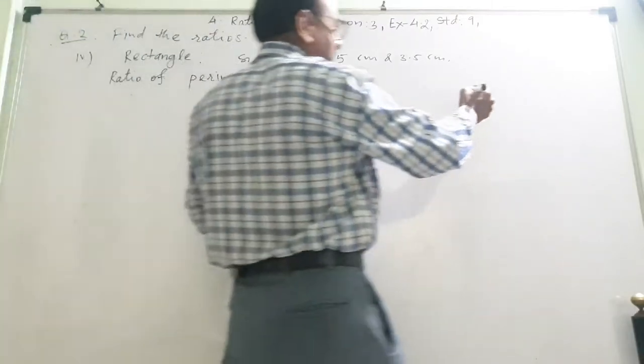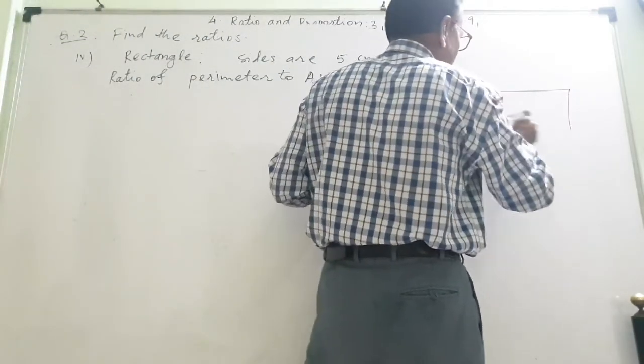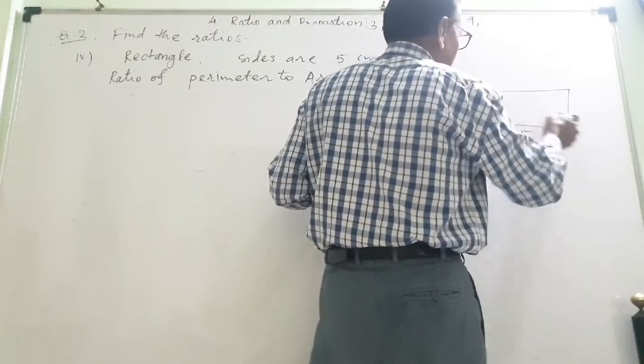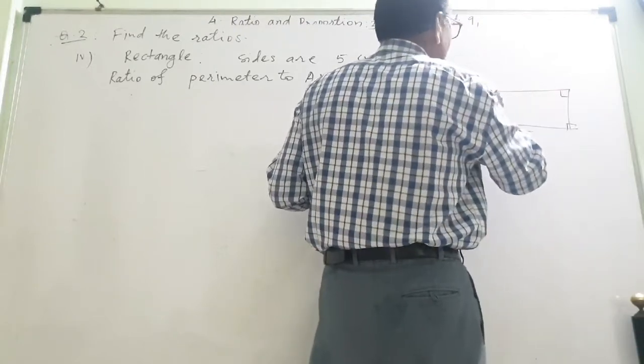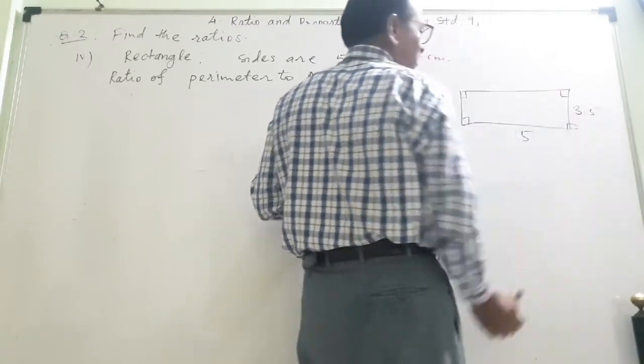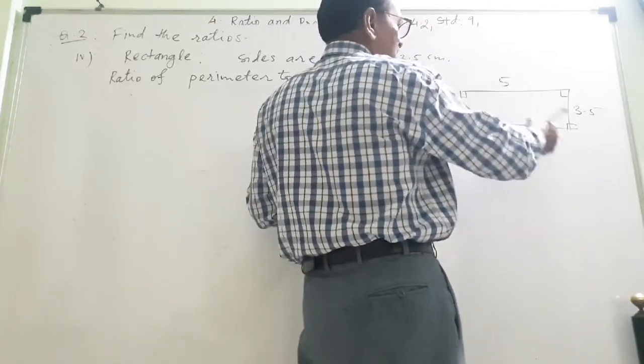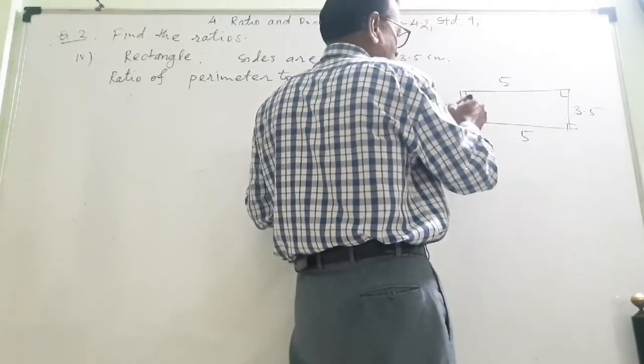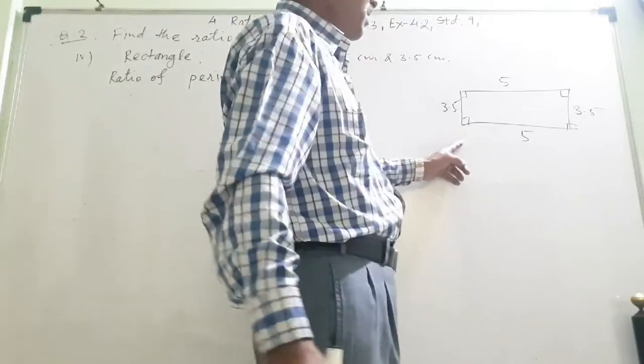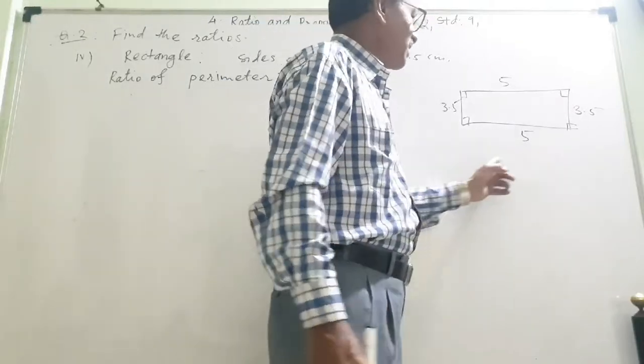See this is a rectangle. This is 5. This is 3.5. This is 5 means this is 5. This is 3.5 means this is 3.5. So what is meant by perimeter? Sum of all the sides.